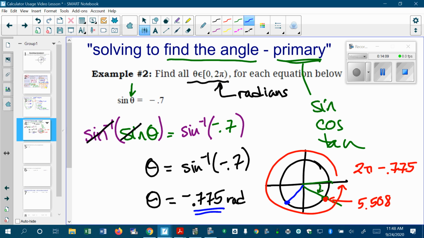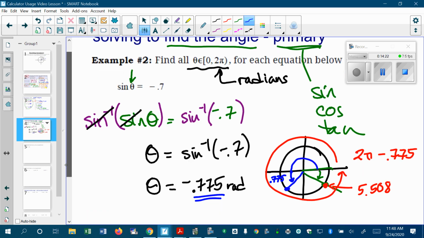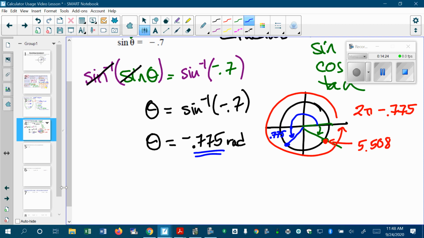So if that part of our bow tie is 0.775 radians, this part is 0.775 radians, which means this rotation to get to that blue spot is pi plus 0.775 radians. So my final answers are going to be these two numbers. And I already found a decimal estimate for this one.